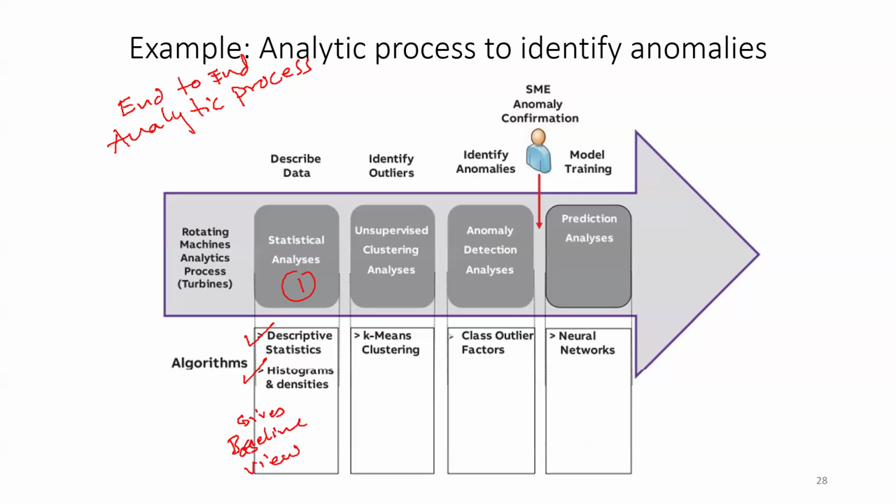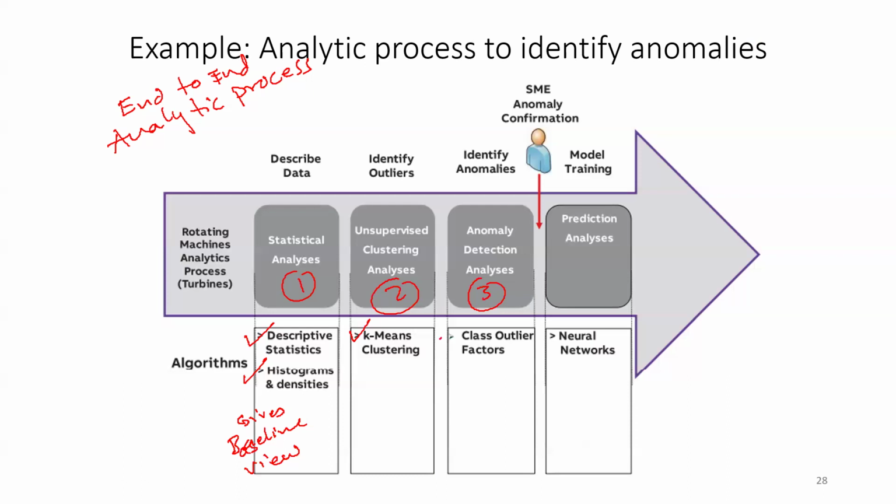The second step is the unsupervised clustering analysis. Here we use algorithms, for example, the k-means clustering algorithm, which is well known to group the data points and identify the natural clusters, which helps detect the outliers or deviations from the normal patterns. The third step is anomaly detection analysis. At this stage, we apply specific techniques.